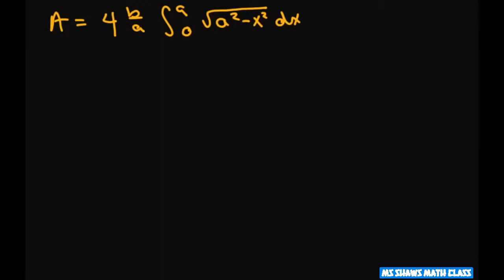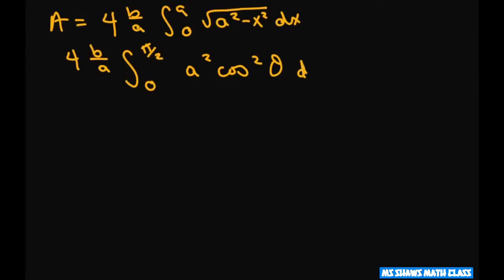So that's going to change to 4b divided by a, and the limits changed to 0 to pi divided by 2, a squared cosine squared of theta d theta.